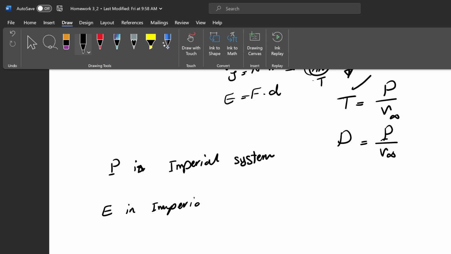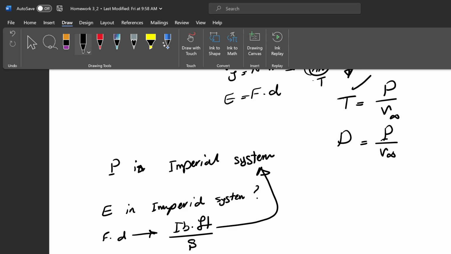Power is energy per time. The units of energy, again, is force multiplied by the distance. So it is foot-pound, or pound foot. And if you divide it by time, you are going to have the units for power.